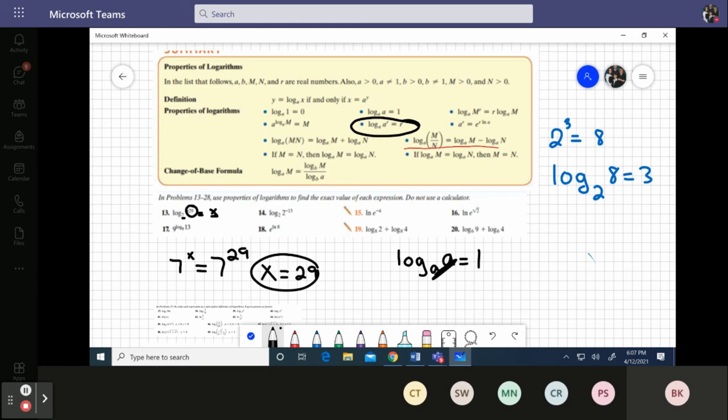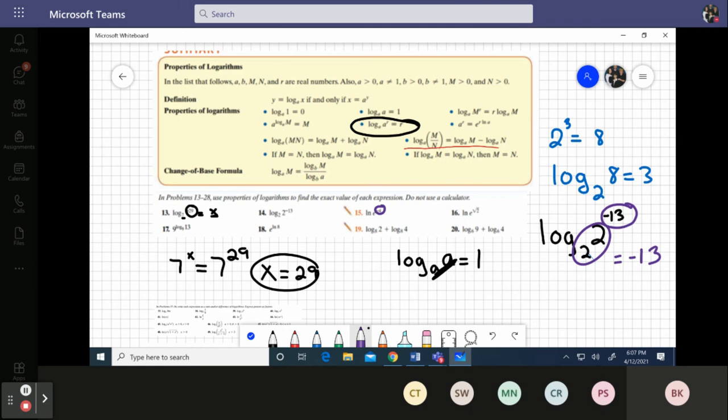On 14, I have log base 2 of 2 to the negative 13. Well, those 2's are the same, so the exponent would be a 1. The whole solution is negative 13.